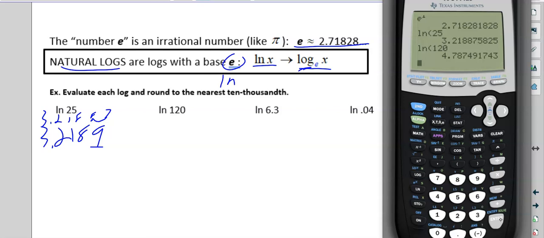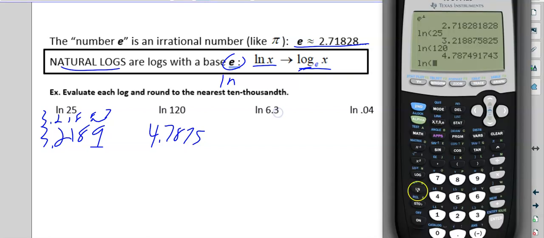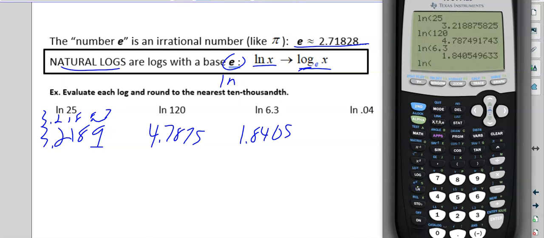So 4.7875. ln of 6.3. Again, right next to the 4, 6.3. 1.84054. The 4 says stay there. 1.8405. Last but not least, ln of 0.04. Negative 3.21887. The 7 tells the 8 to round up, so negative 3.2189.